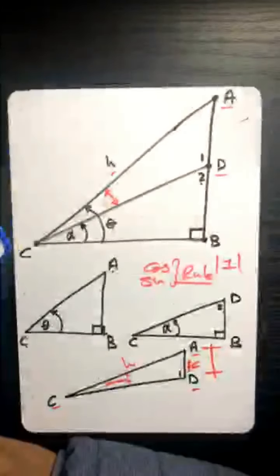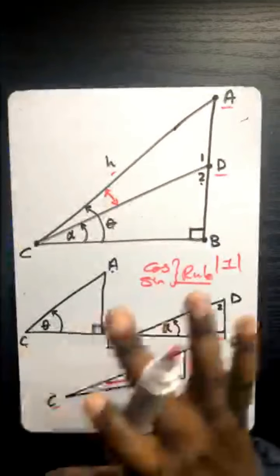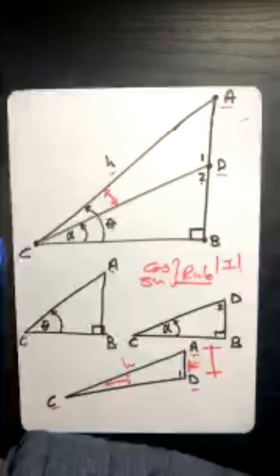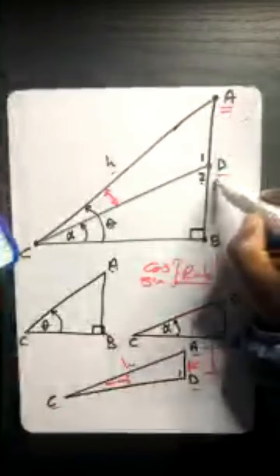So the reason why I'm not going deep is because I want you guys to give it a try, so that tomorrow when we tackle that, you have an idea of where to start. Then I'll take you through everything. And the next question says, determine the length of AD. Where's AD? There is AD.